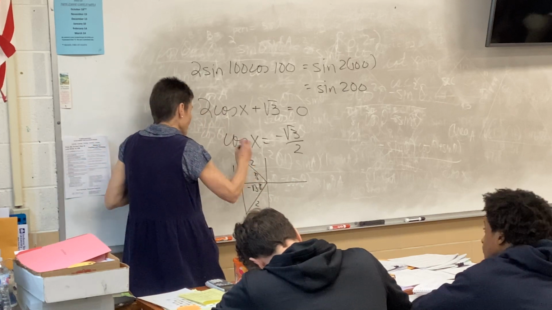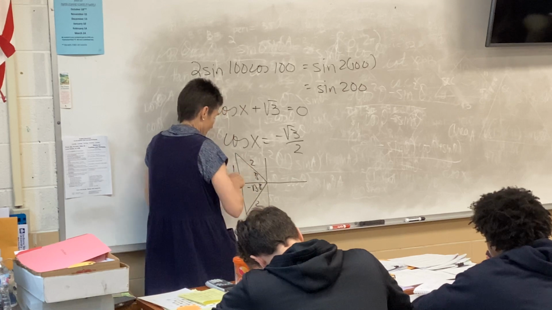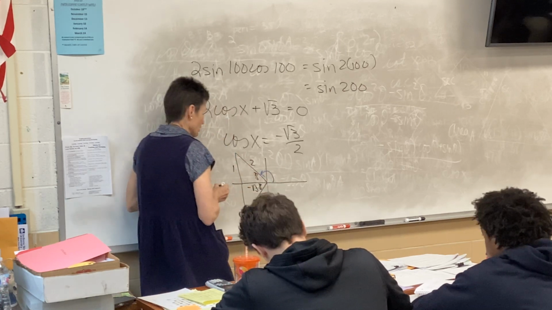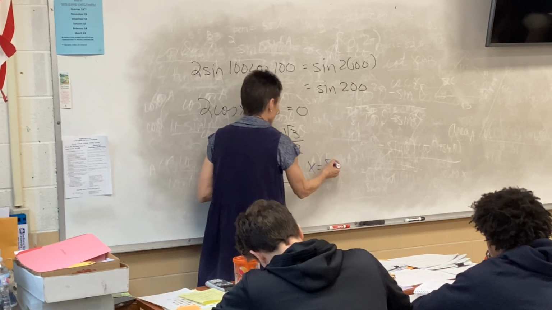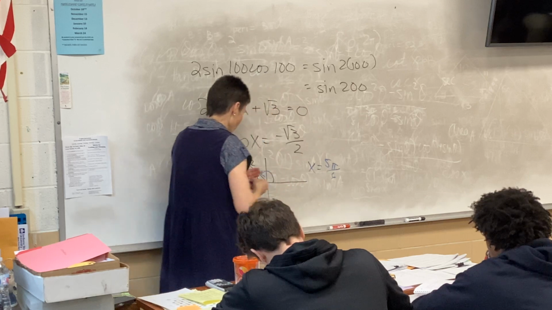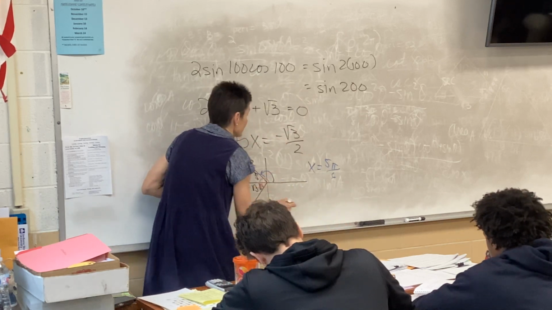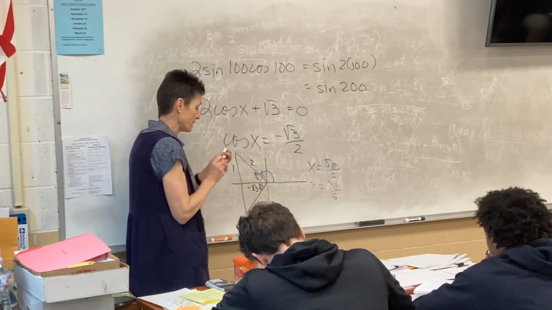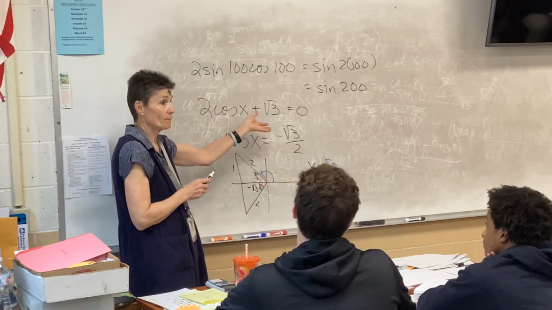So just going once around, the answers would be this blue angle right here, which is 5 pi over 6, and then the red angle, which is 7 pi over 6. So if we were restricted to one revolution, then those would be the answers.